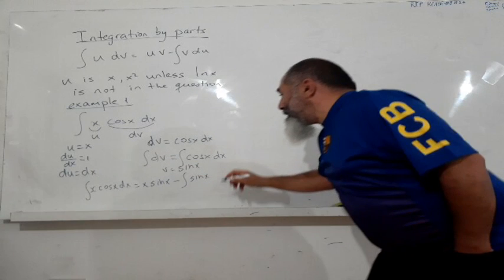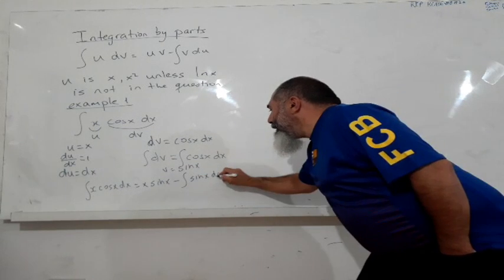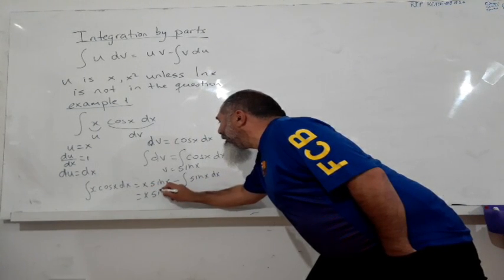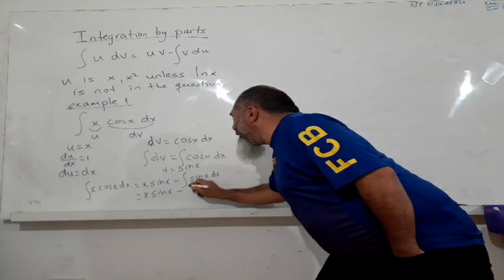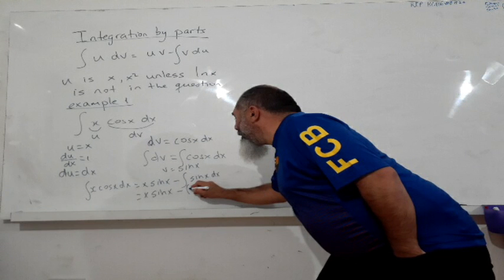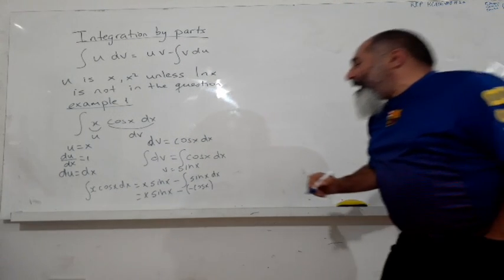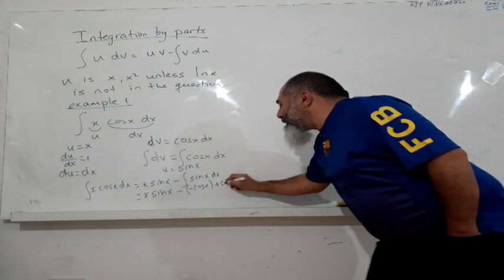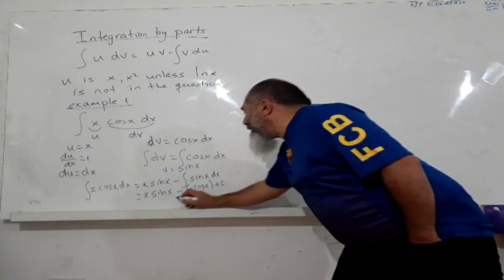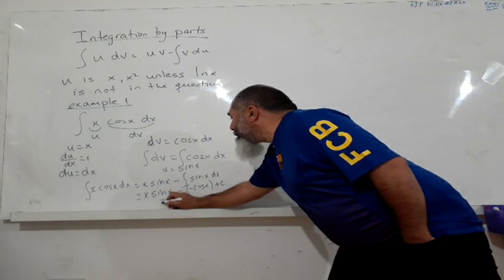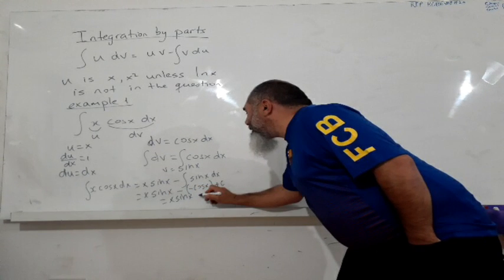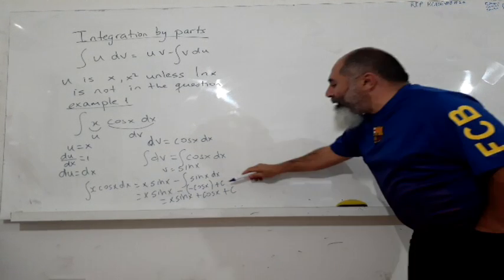So integration is going to be x sine x minus cosine x. Integration of sine x is negative cosine x, plus c. So the answer is x sine x plus cosine x plus c. Always you have to put c, the integration constant.